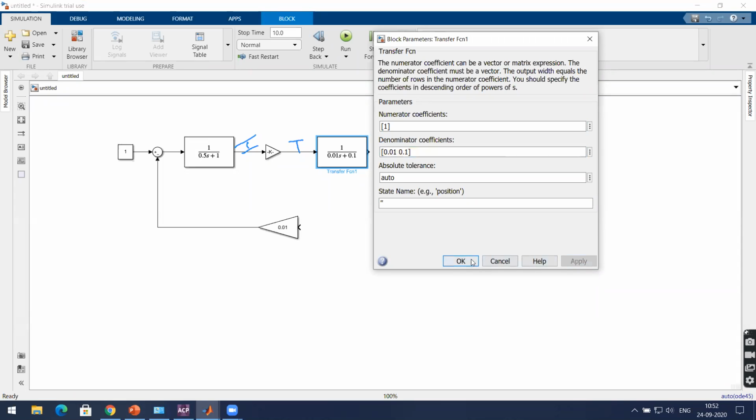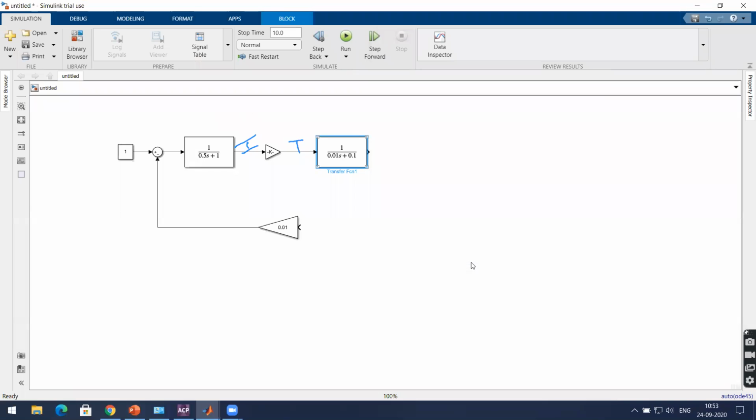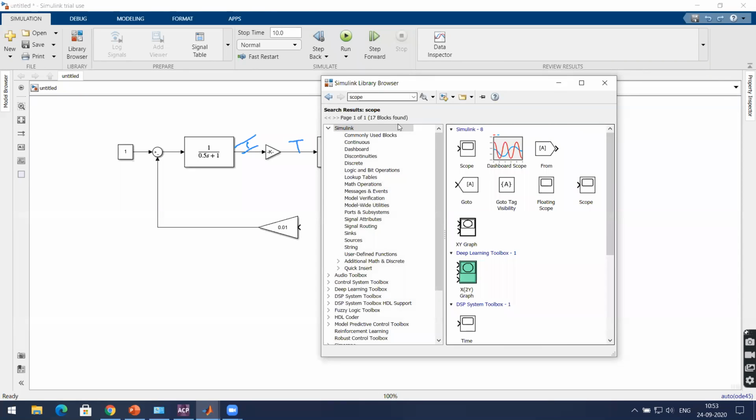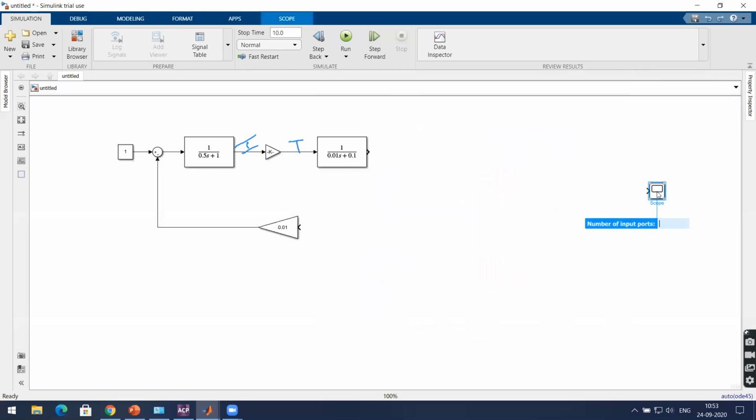So this is 1 divided by Js plus C. So what are you getting finally? Omega. So I'll add a scope.